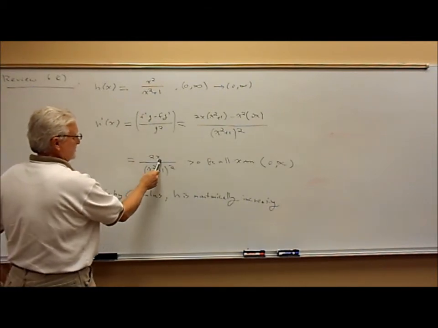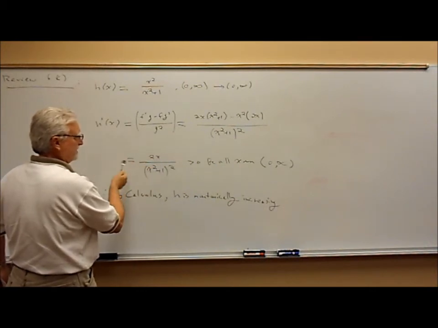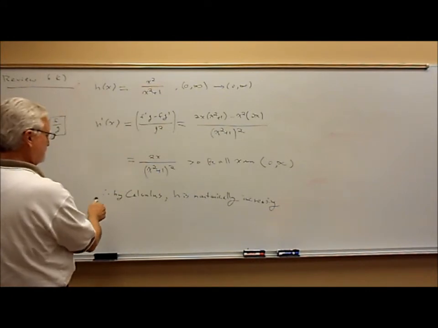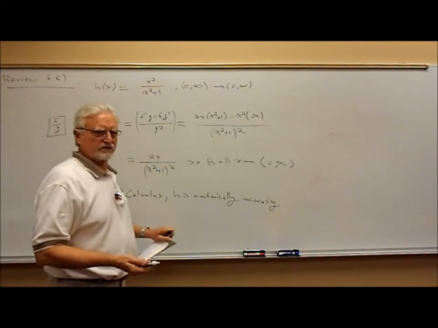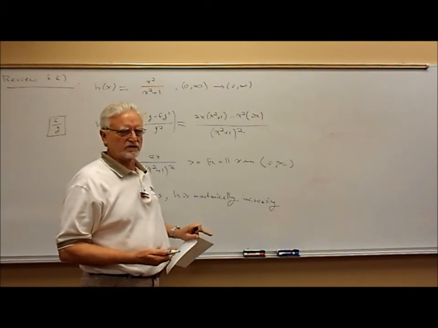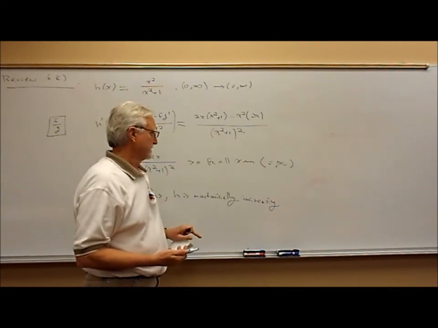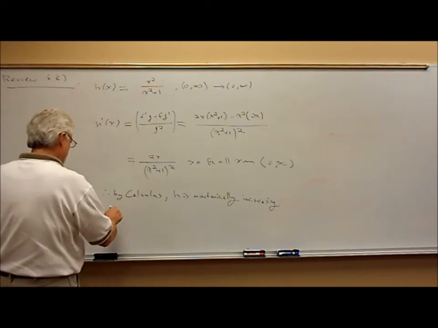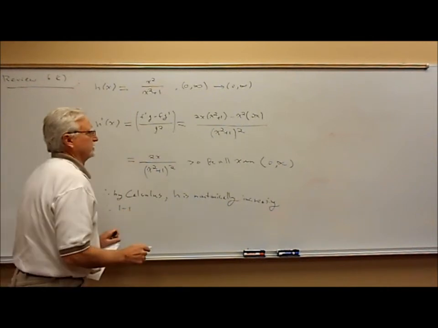An interesting question would be to consider what happens when x is 0 and negative, but that's not in the problem. So I guess you've studied the fact that a monotonically increasing function is 1 to 1. So this is therefore 1 to 1.